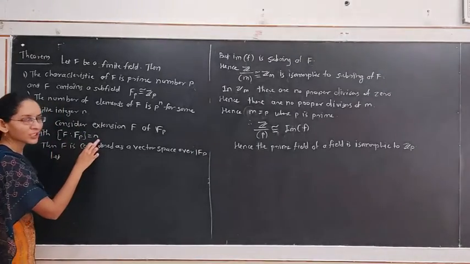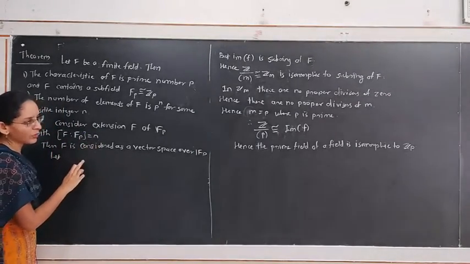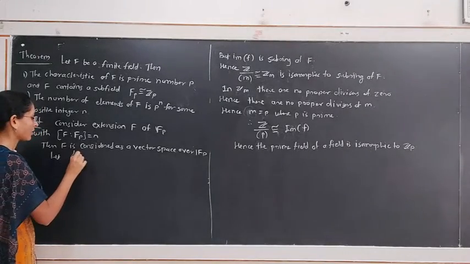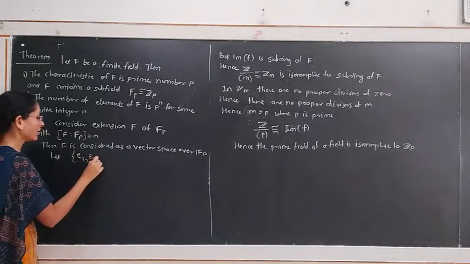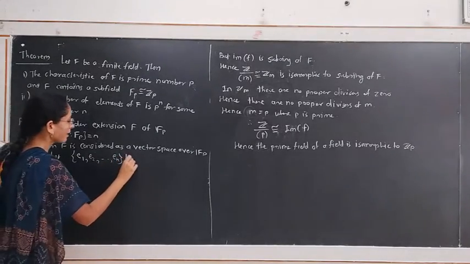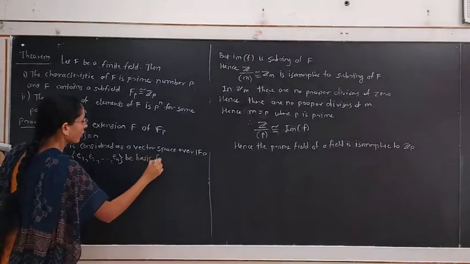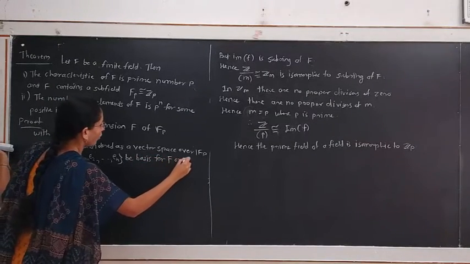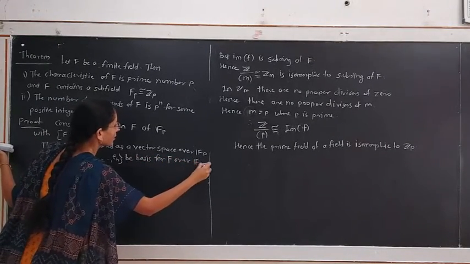As this degree of extension is n, there exist n basis elements. Let the set e1, e2 up to en be a basis for F over Fp.